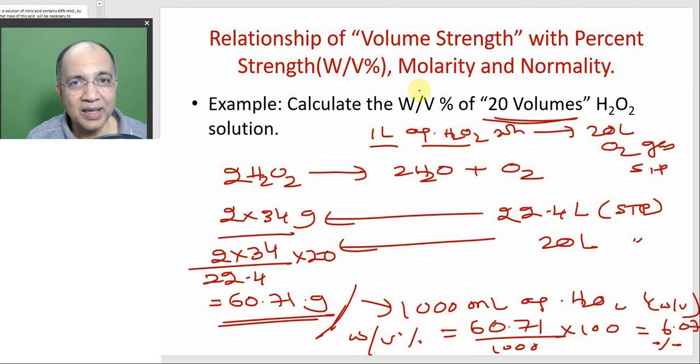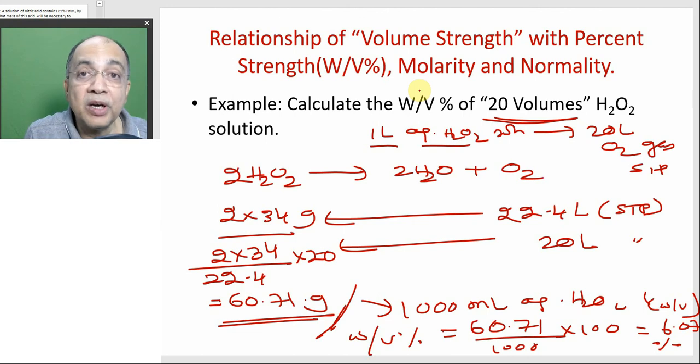You got it? And if I give you an assignment, what will be the volume strength of a 10% H2O2 solution by volume? That means 10% W by V.